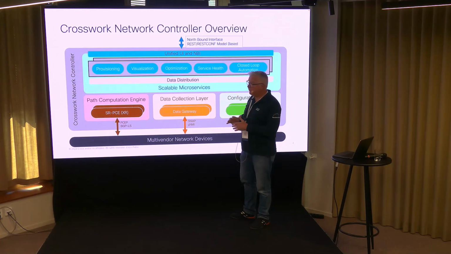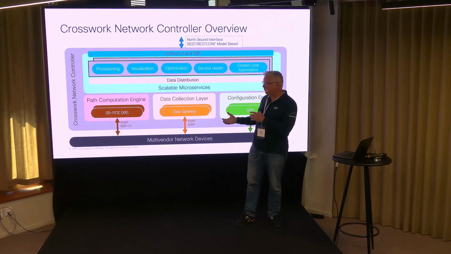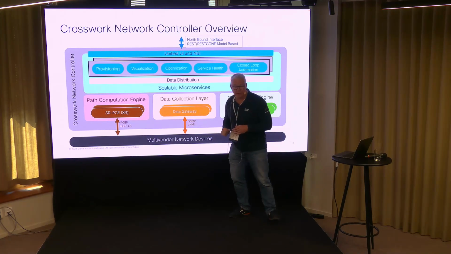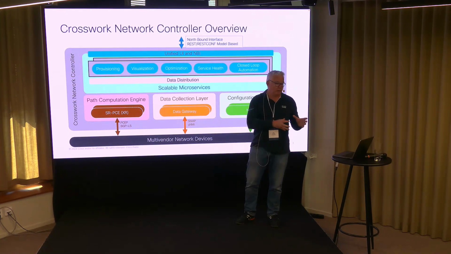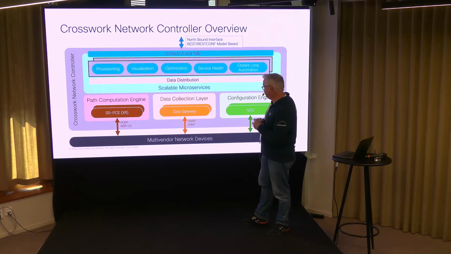We use intent-based models, so the visualization reflects what's in your NSO model. We combine that with what we collect from the network using BGP-LS, what we discover from the devices. So we have a complete picture, from the device up to the services.